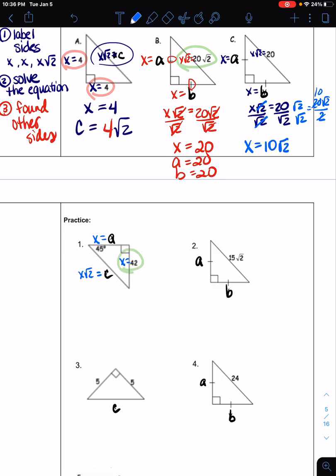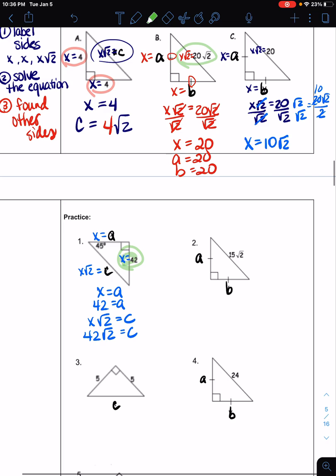So if we know that x is equal to 42 and x is equal to a, well then that means a must be 42 also. And if c is x root 2 and x is 42, then c must be 42 root 2. Because we literally replaced this x. Everywhere there's an x, we just replaced it with a 42. We just rewrote it with a 42.